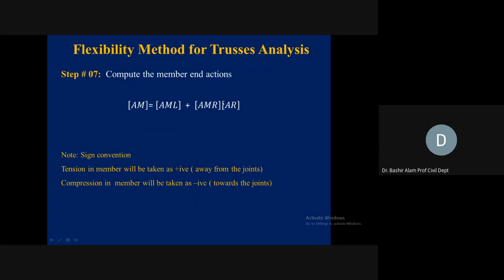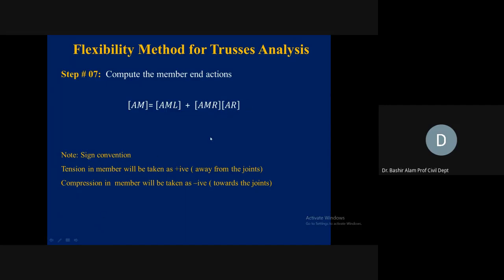We find where the AML values come from: the AML values you get from where you created the capital P values. AMR, first column, you get from where you wrote the U1 values. Second column comes from where you wrote the U2 values, and so on. We already found this AR in step number 6.